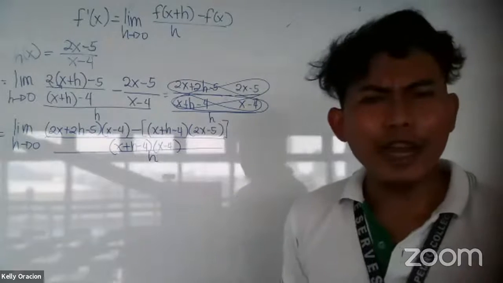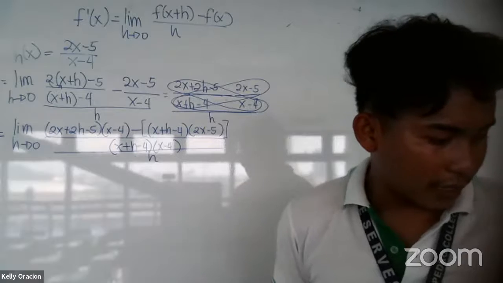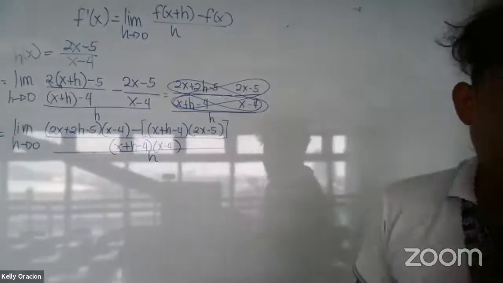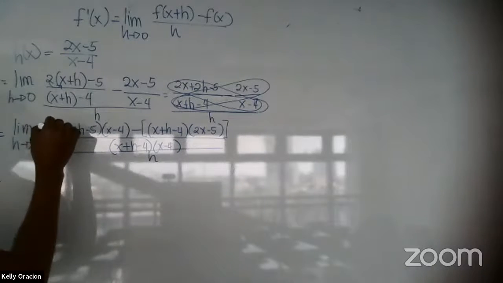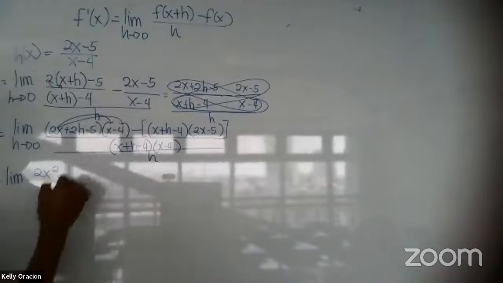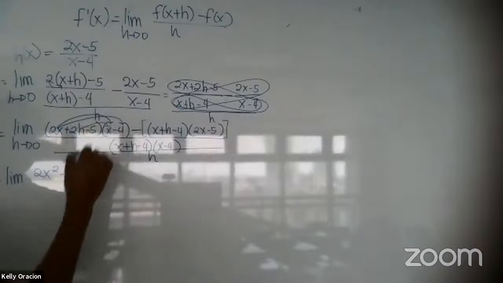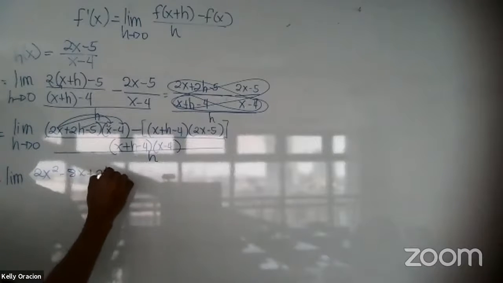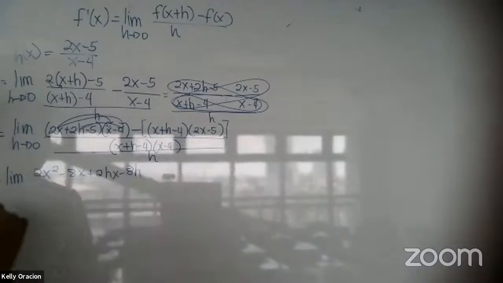Next, after an answer, I simplify. Yes, you are going to simplify. So you have 2x times x, that's 2x squared. 2x times negative 4, that's negative 8x. 2h times x, that's 2hx. 2h times negative 4, that's minus 8h.